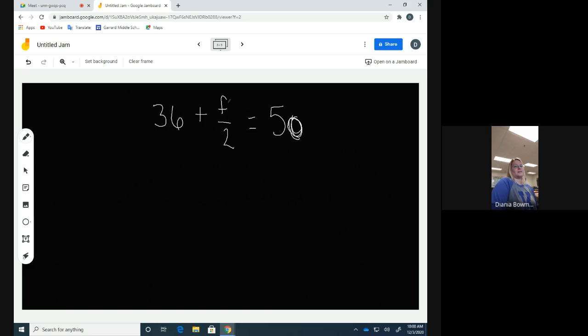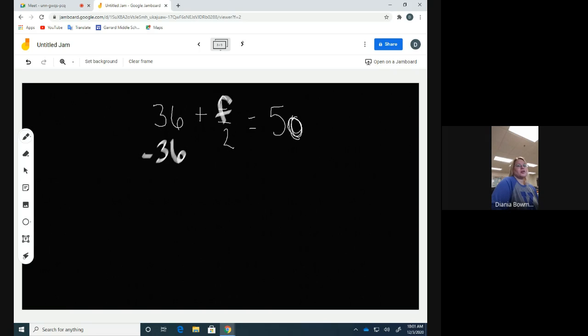F is correct. F is my variable. So I want to get f all by itself. So what's the first thing I got to get rid of? 36. So Logan, what's the opposite of positive 36? Negative 36.